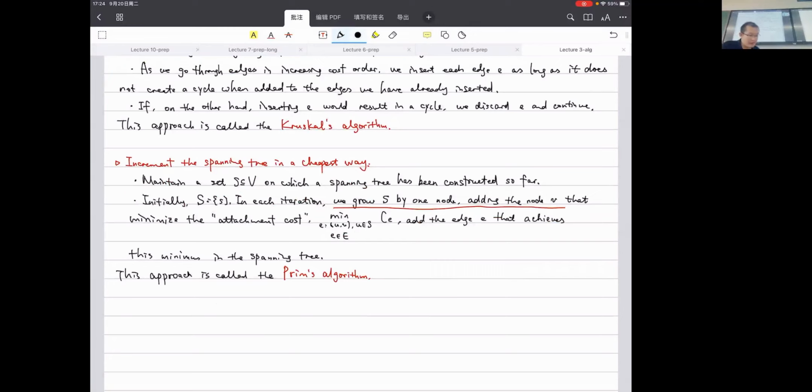Okay, so now we are going to give some analysis of both algorithms and see whether they are correct or not.